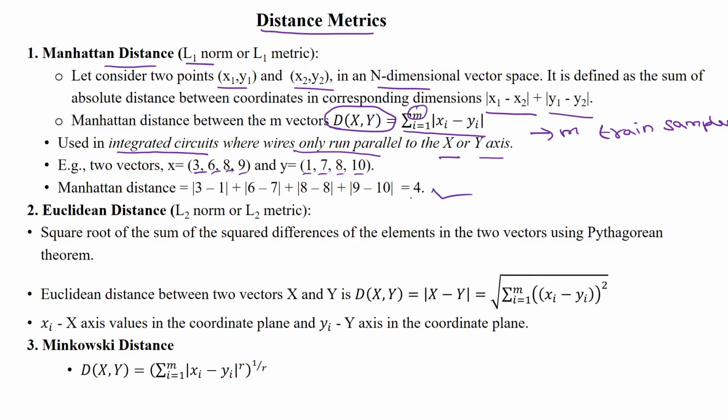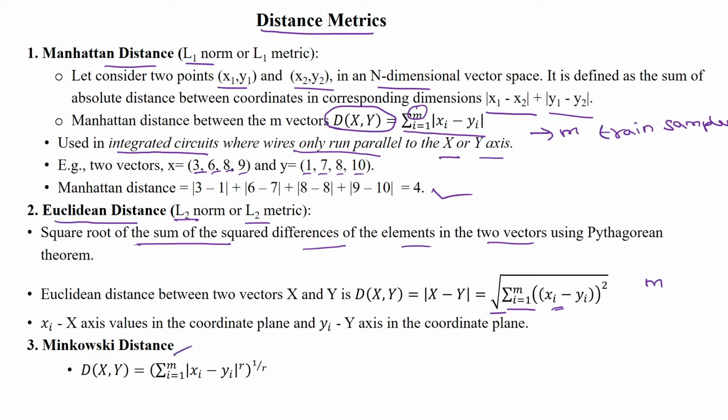Values are calculated here. And also the Euclidean distance, which is called the L2 norm or L2 metric. It uses the square root of the sum of the squared differences of the elements in the two vectors, using the Pythagorean theorem. The formula is here, again for m number of samples: square root of summation of i equal to 1 to m of xi minus yi whole squared, where i varies from 1 to m.